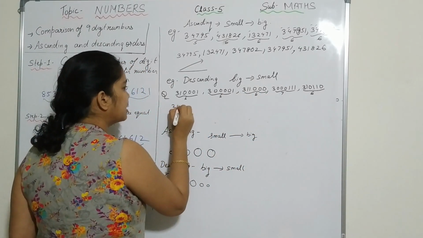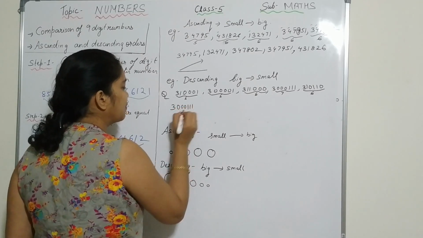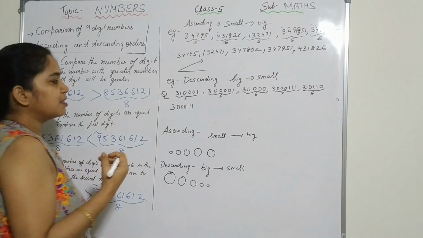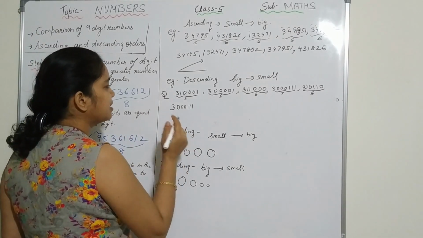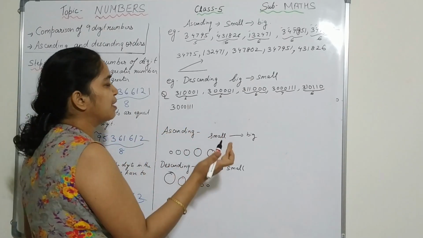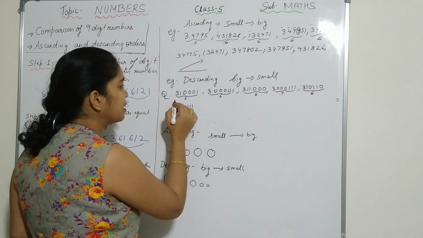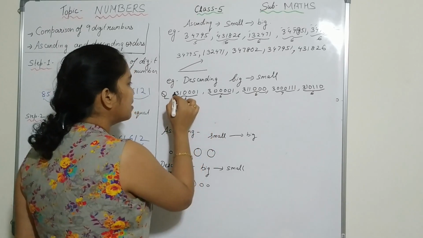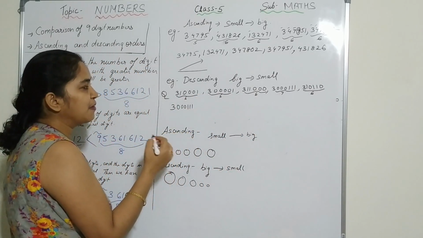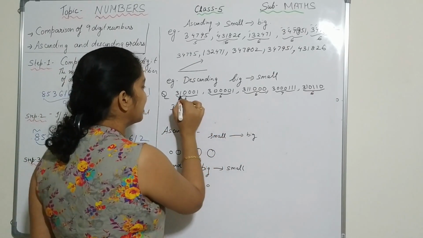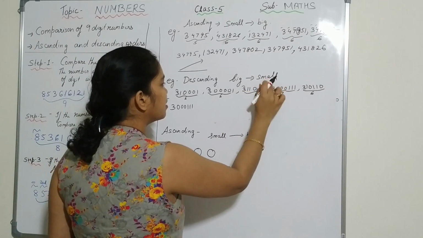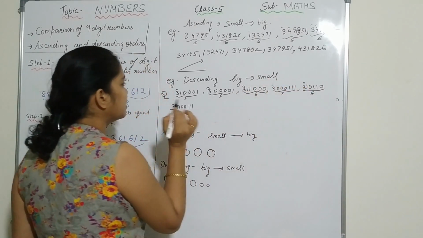So you have to write 300111 as the largest number. Now we will compare the first digit of the numbers. The first digit in all the rest of the numbers is the same.